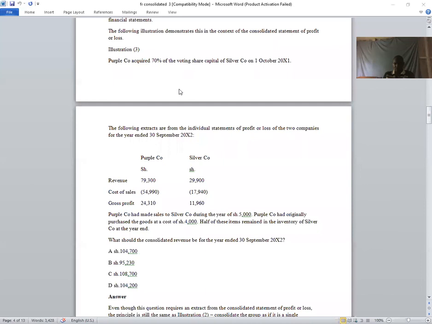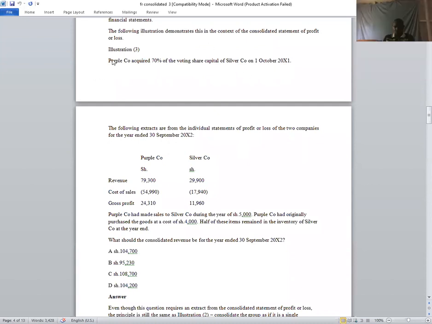Ladies and gentlemen, we are doing illustration number 3. Purple Company acquired 70% of the share capital of Silver Company on 1st October 2011. Meaning that 70% is more than 50%, meaning that Silver is our subsidiary.